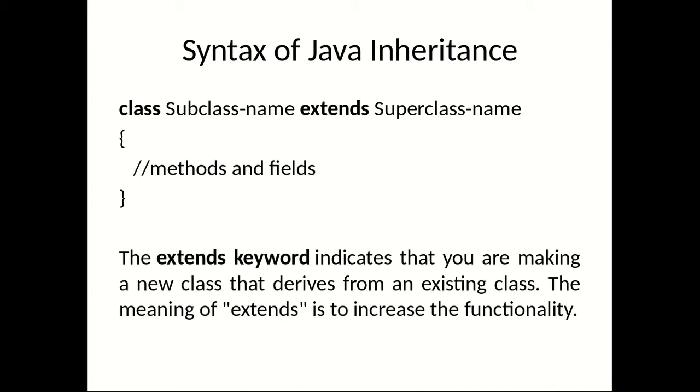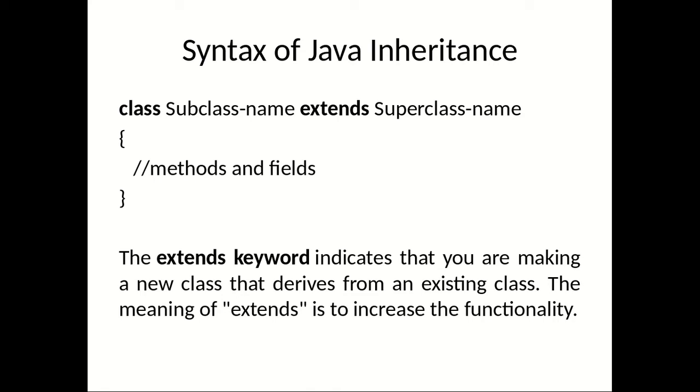If you want to copy properties of the parent class to the child class, we use the syntax class child class name, then the keyword extends. Extends indicates that properties are copied from the parent class to the child class, or that it is an inheritance.